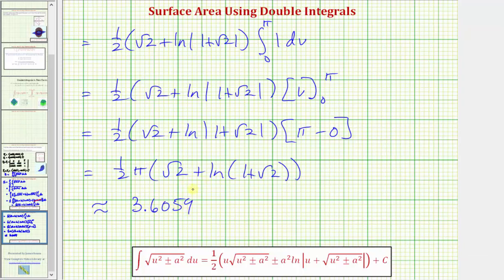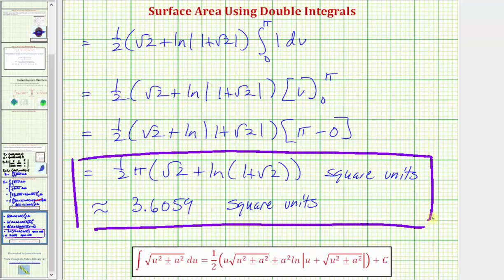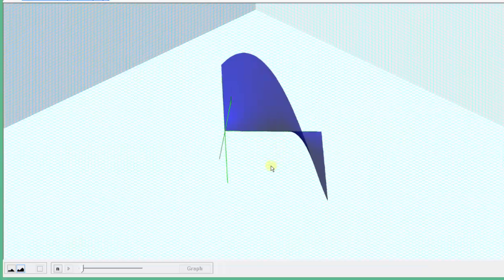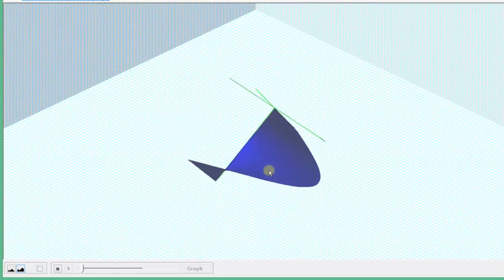And this is surface area, so the units would be square units, here for the approximate value, as well as here for the exact surface area, which is the surface area of this surface here. I hope you found this helpful.